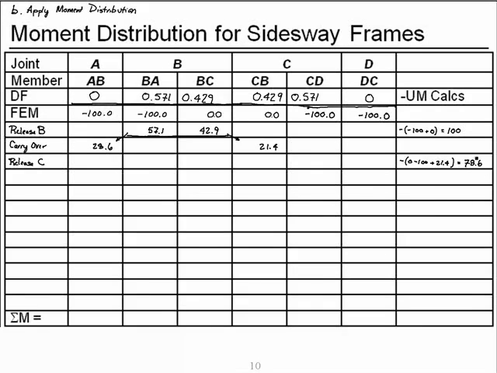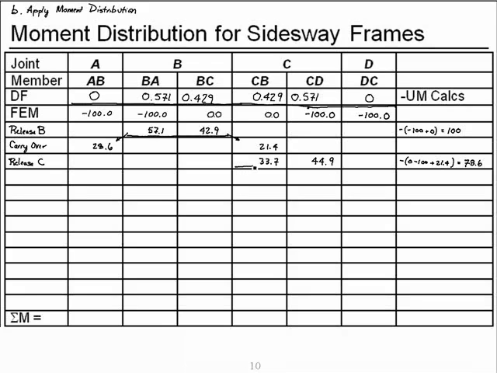So I take the 78.6 times the distribution factor, and we distribute 33.7 foot kips into member CB. Take the 78.6 times the distribution factor, and we distribute 44.9 foot kips into member CD.